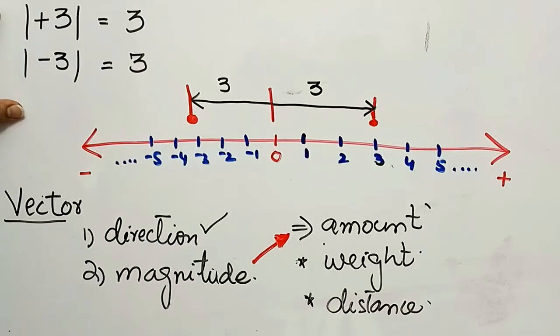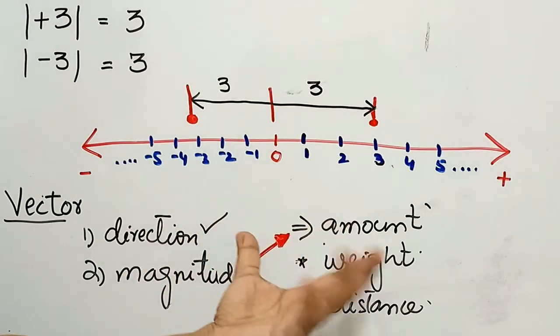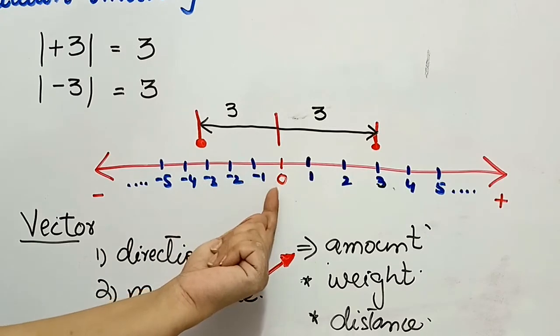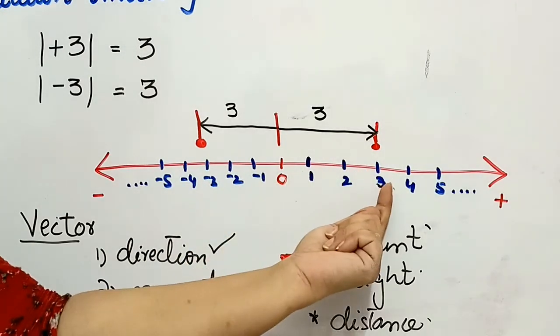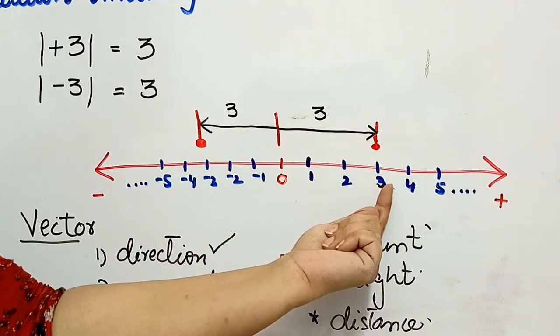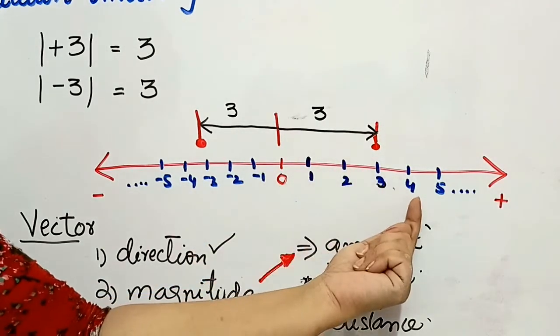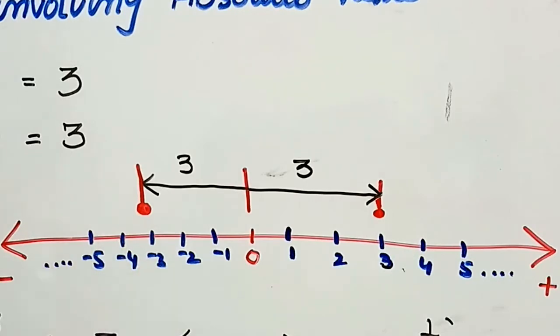In this absolute value, we need to consider the magnitude, as the magnitude is the amount of anything, like weight. A person is standing over there and he covers a distance of 3 kilometers towards the positive axis. Right now we are not going to say that he has covered positive 3 or negative 3 kilometers. No, distance is distance.